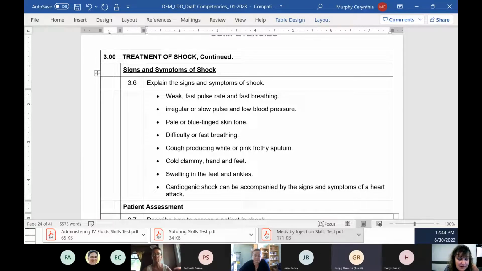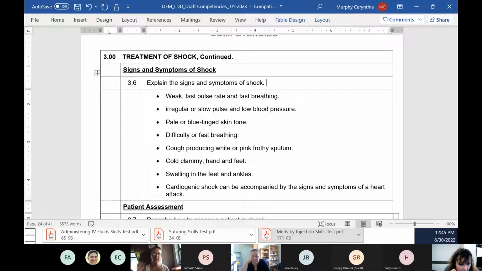So do you want to separate it into compensated and uncompensated, did you say? What are your thoughts? I don't have strong feelings. It's a lot, but I think the ability to recognize compensated shock, particularly in the newborn, is vitally important. But again, not a hill I'm ready to die on either. I'm sorry, what, Colleen? I feel the same way.